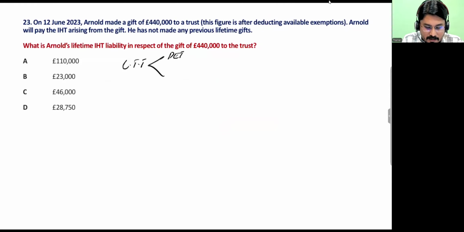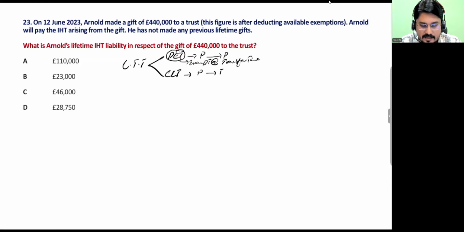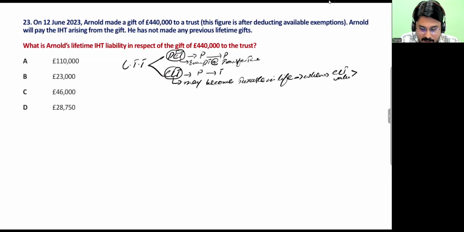One of them is called potentially exempt transfers, and the second one is called chargeable lifetime transfers. A potentially exempt transfer is when a person transfers an asset to a person, and a CLT is when a person transfers an asset to a trust. A PET is always exempt at the time of transfer, or we can rephrase this as a potentially exempt transfer is always exempt in life, whereas a CLT may become taxable in life when the CLT value is more than the nil rate band of the transfer year.